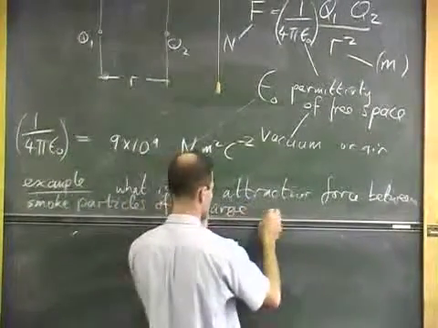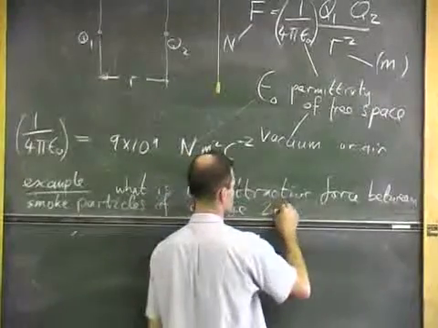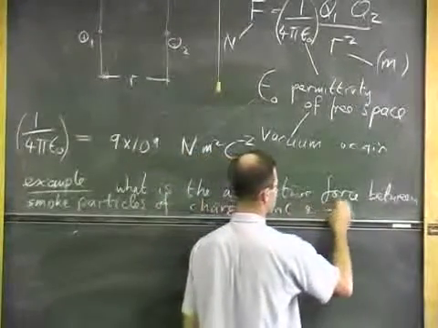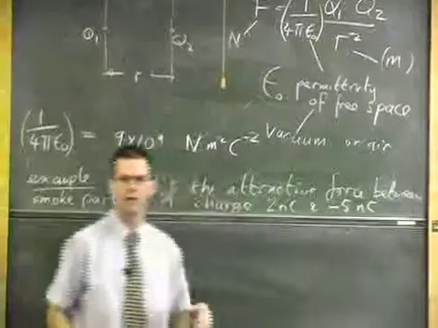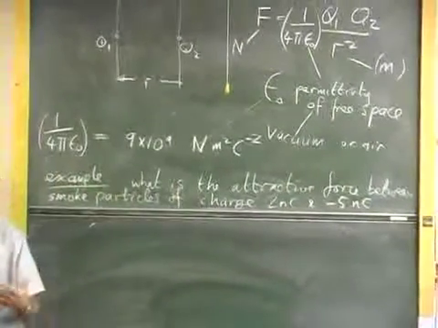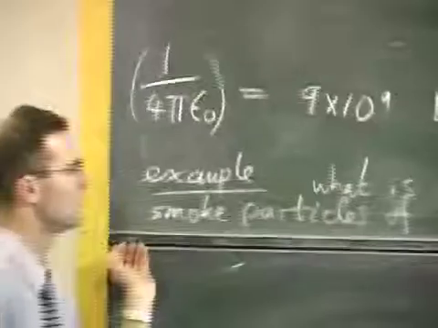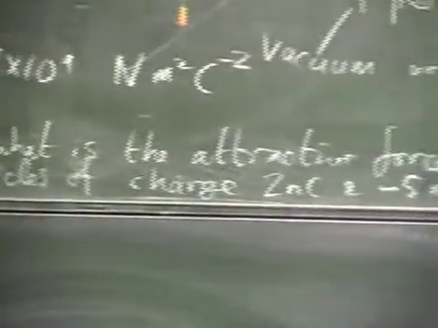The smoke particles have got a charge of 2 nanocoulombs and minus 5 nanocoulombs. The smoke particles would obtain that charge under the ionization from a flame, like a match being struck or something like that. And they're going to be separated by just a couple of millimeters.